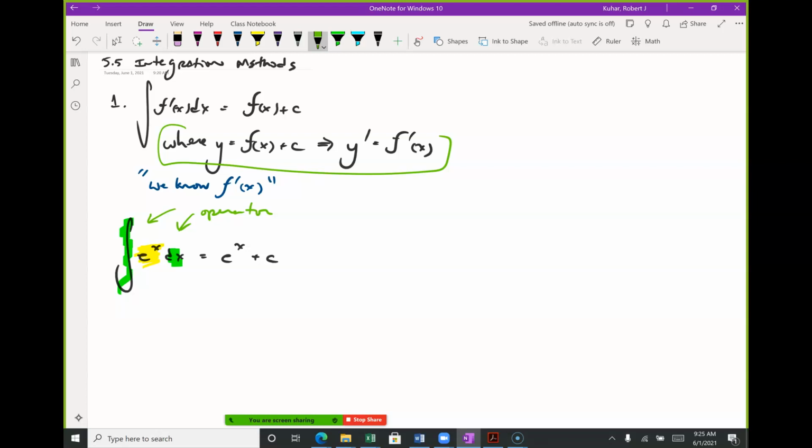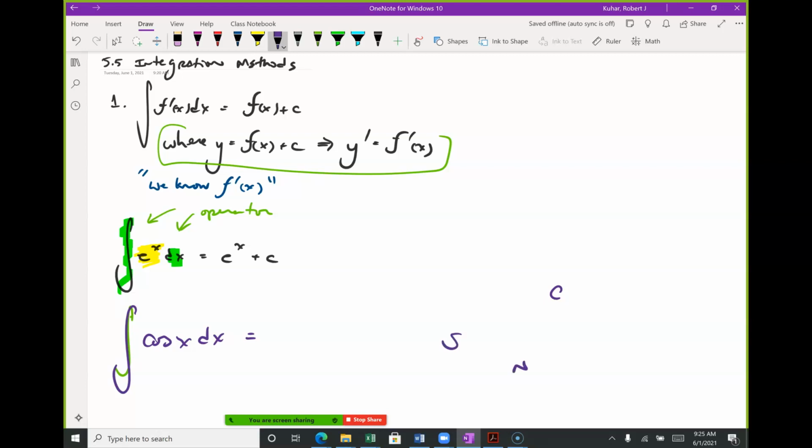So what if we had the integral of cos of x dx? This is one we should know. Do you recognize what you took a derivative of to get cos? Negative sin x. Okay, so cos and sine.